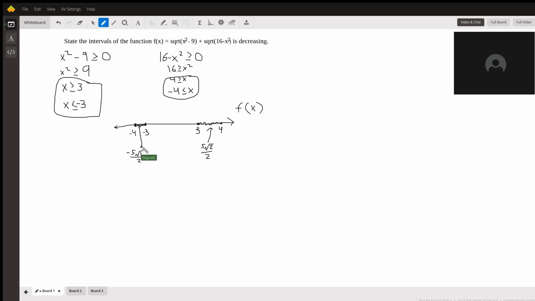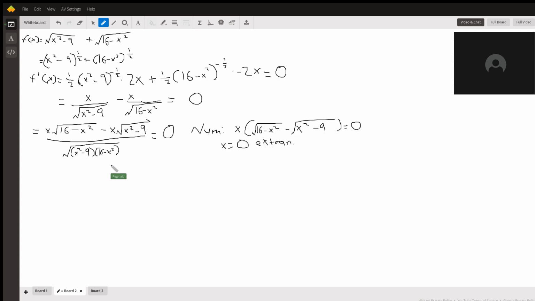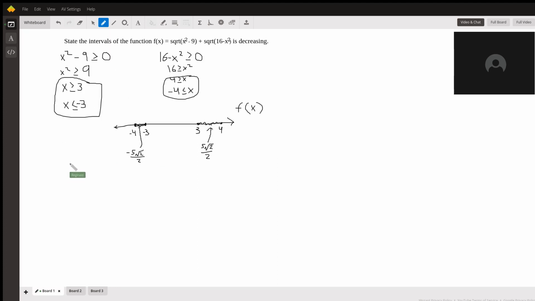All right, so we got everything we need. These are critical x values. The first derivative is undefined at 3, -3, 4, and -4, which also happens to be key to the domain restrictions.